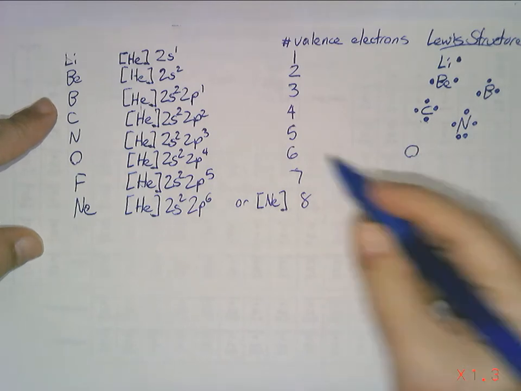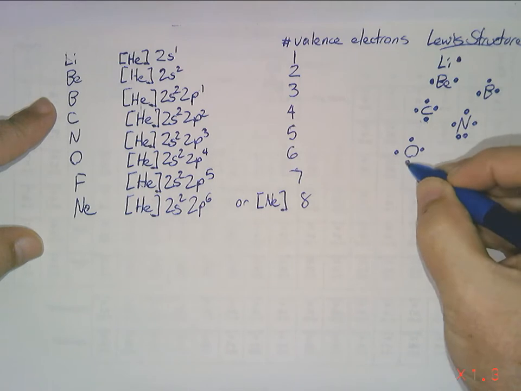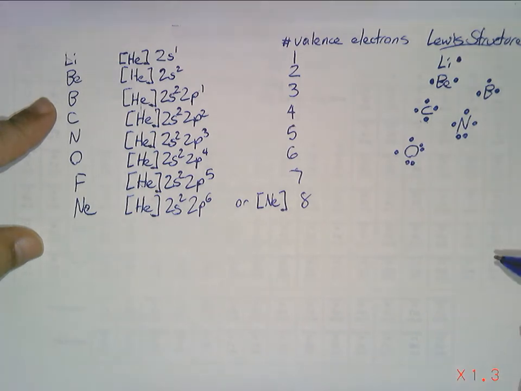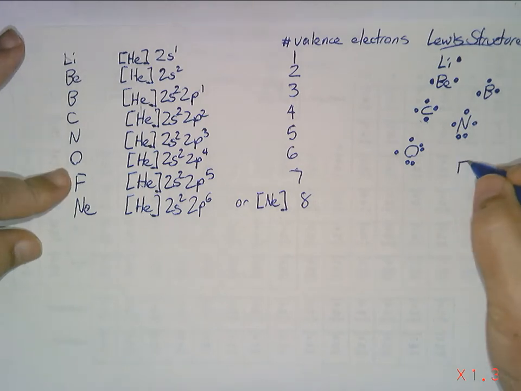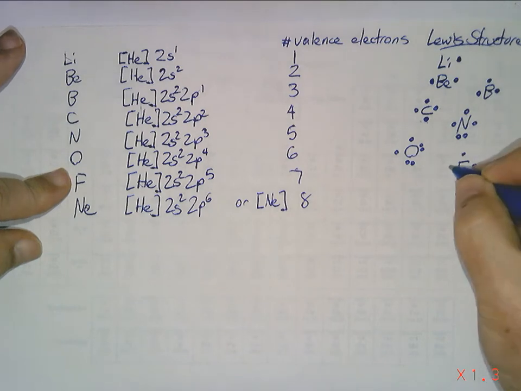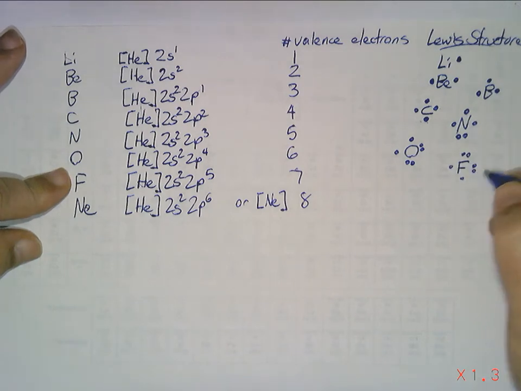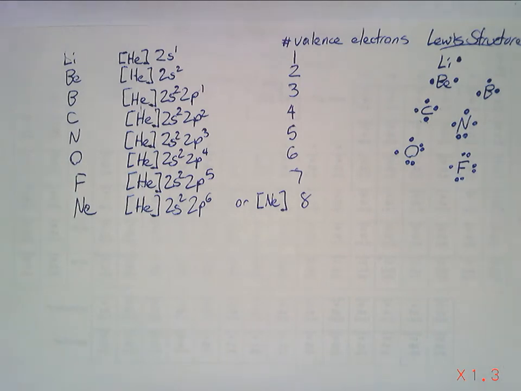On the oxygen, I've got 6, 4. Now I'm going to start doubling them up. 5, 6, like that. Okay? On the fluorine, I've got 7. 1, 2, 3, 4, 5, 6, 7. And it doesn't really matter where I put that odd electron. I could have it anywhere.